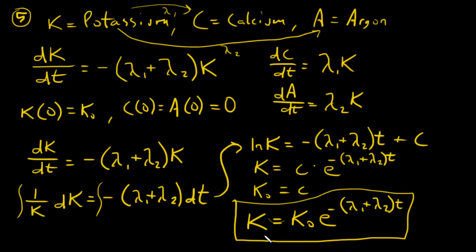Alrighty. So now let's work on dC/dt on the next page. So dC/dt coming up. Here we go. So I've got dC/dt is equal to lambda 1 K, right? So lambda 1, but what was K?